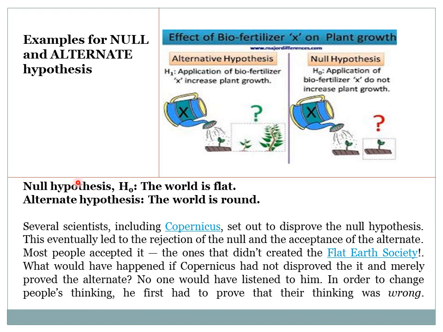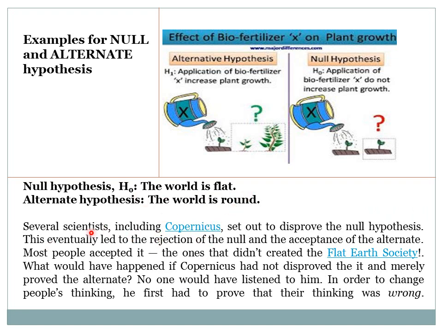So normally assume that the null hypothesis is that the world is flat, and the alternative hypothesis is the world is round. See, initially when Copernicus was not there, everyone used to think that the world was flat. Am I right? If you know the history properly, this is what they were assuming. The world is flat. Correct? But once Copernicus did some experiment, then only we came to know that the world is round. Right?